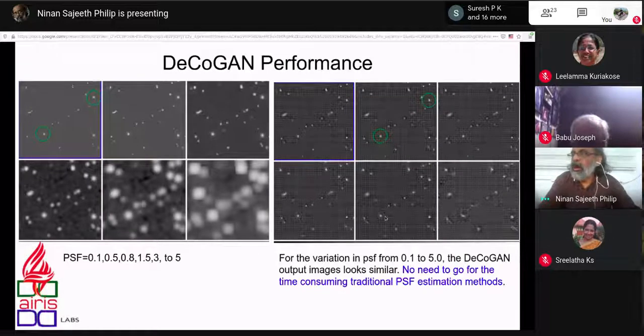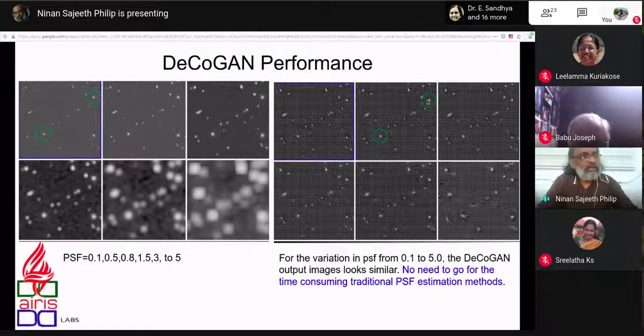Now this is how it would look if I plot all the PSF values. On the left-hand side, I have all the PSF values: PSF5, PSF3, 1.5, 0.8, 0.5, and 0.1. And on the right-hand side, I have the reconstructed images. You see that though this change is very large, the changes here are minor or not at all relevant for most of the studies.